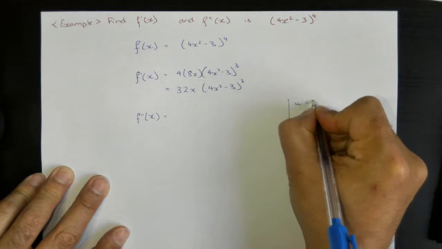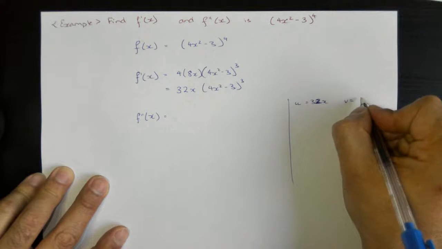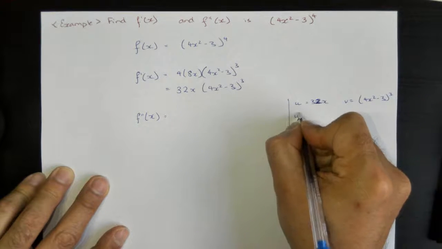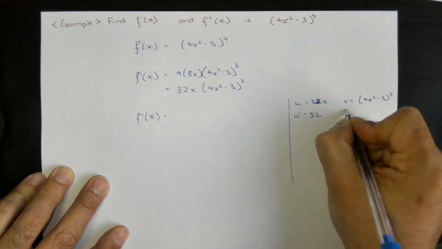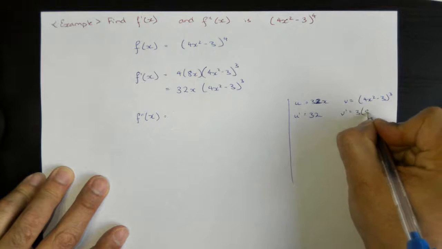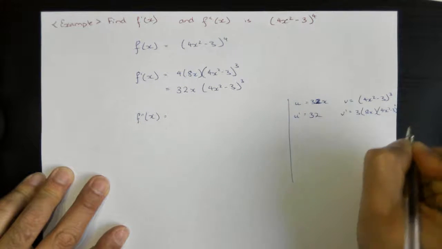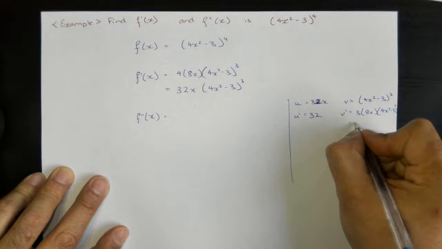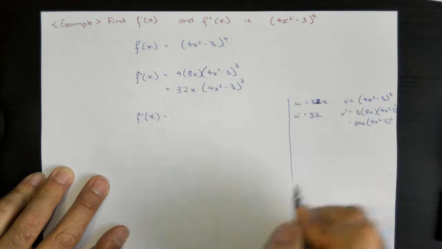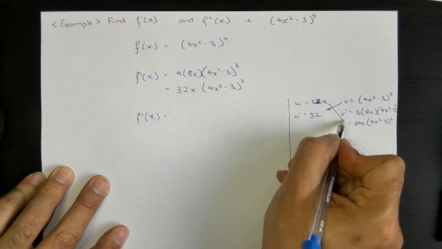If I let u equal 32x and v equal 4x squared minus 3, cubed, well, u dash equals 32, and v dash equals 3 times 4 times 2x is 8x, times 4x squared minus 3, squared, so 3 lots of 8 is 24x, times 4x squared minus 3 to the power of 2. Alright, so it's a product rule, so I'm going to multiply that and add it to this.